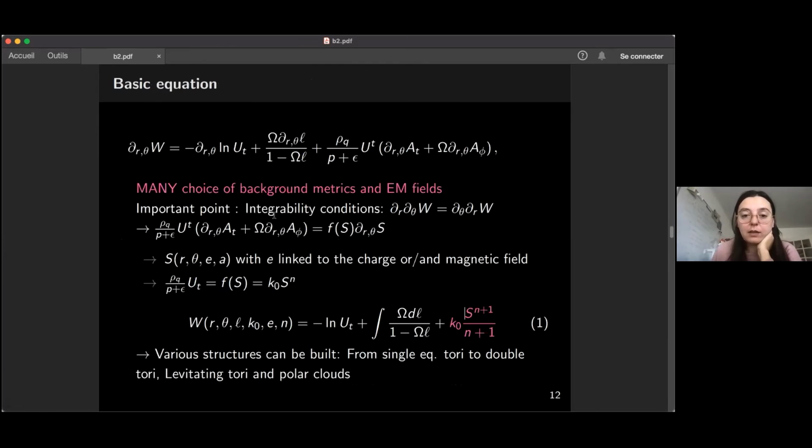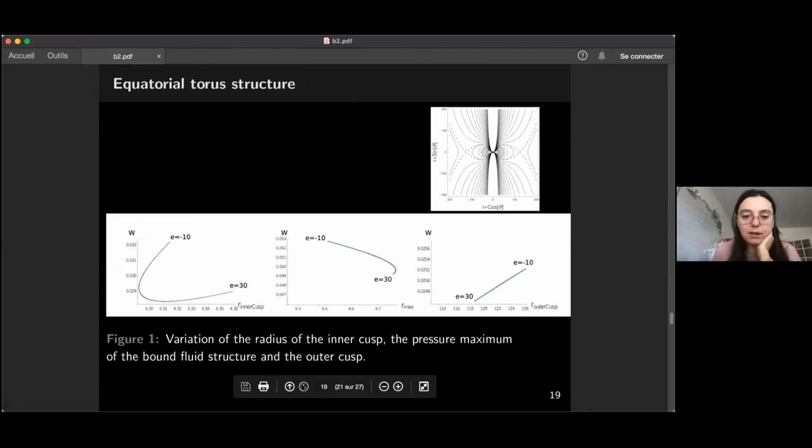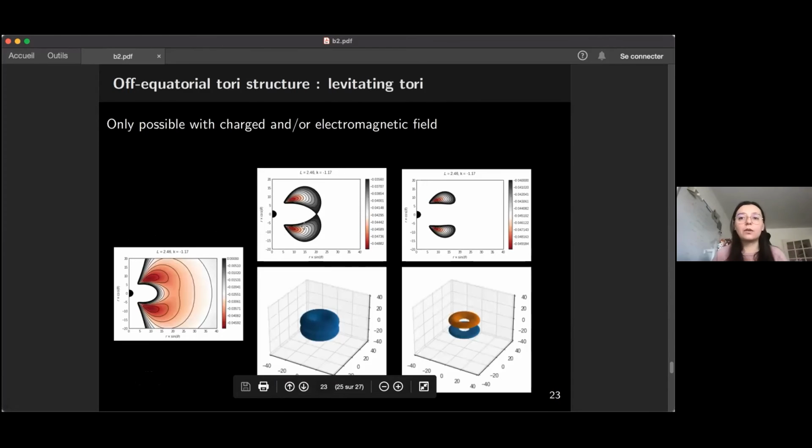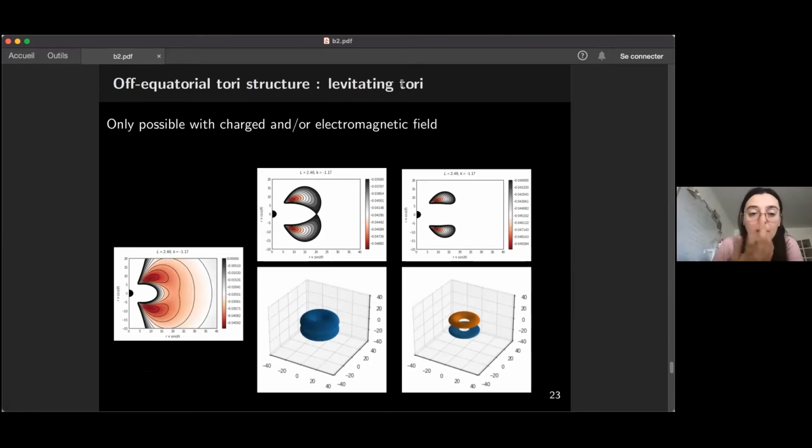Okay, then let's talk about other kinds of solutions. I need to hurry up a little bit. So the levitating tori, as discussed at the beginning of the talk: it was possible to find a bound orbit levitating above the equatorial plane, and it was also possible to find fluid structures above the equatorial plane.